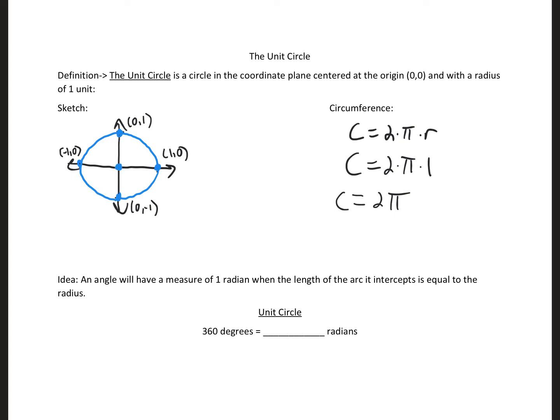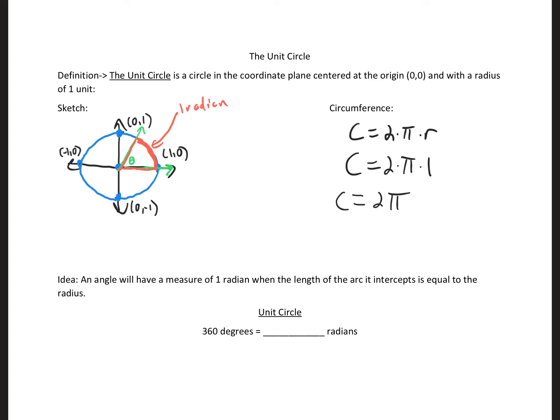So essentially, imagine if I put an angle in the unit circle, just a random angle, so let's call it theta. If this arc length was equal to the radius, we would say that this is 1 radian.